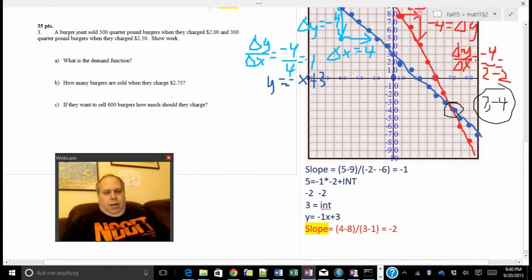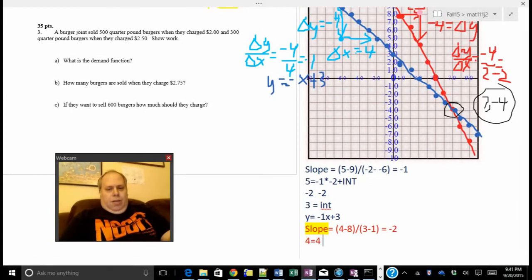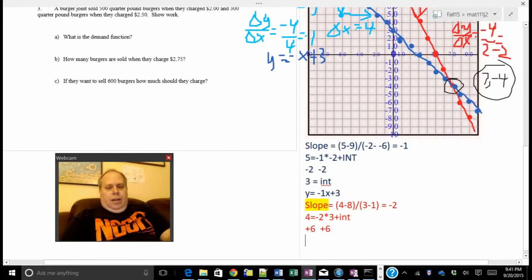So what I'm going to do is say 4 equals -2 times 3 plus intercept. And so what I've got to do is add 6 now to cancel the -6 on the right side. And that's going to give me 10 equals the intercept.